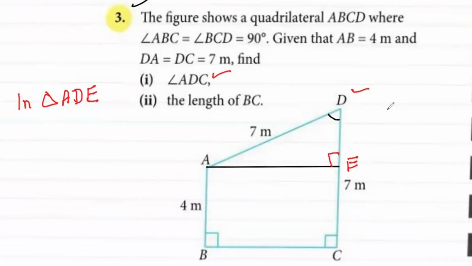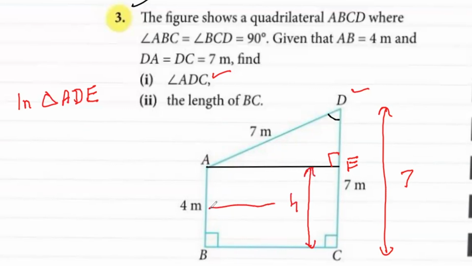The total side CD is 7 centimeter, and this side AB is 4 centimeter. Very good. So out of 7 we are subtracting 4, so DE is 3 centimeter. Now we are going to find out angle D. Against the angle D is the perpendicular, and this side, 3 centimeter, is the base.